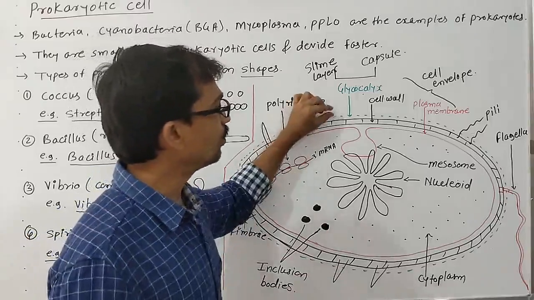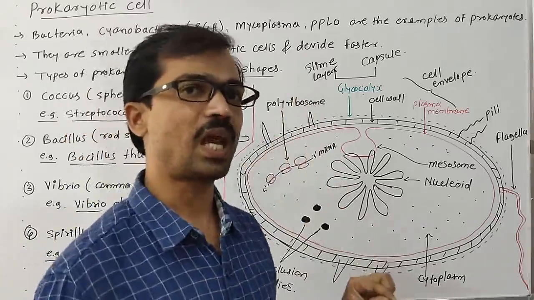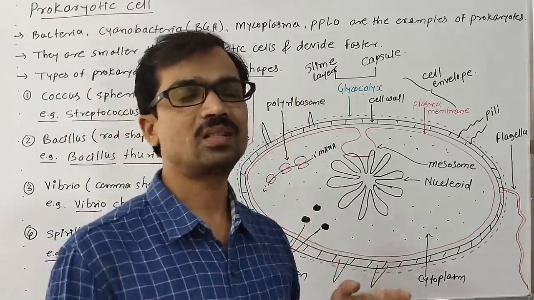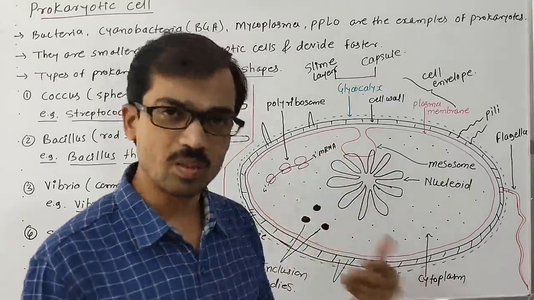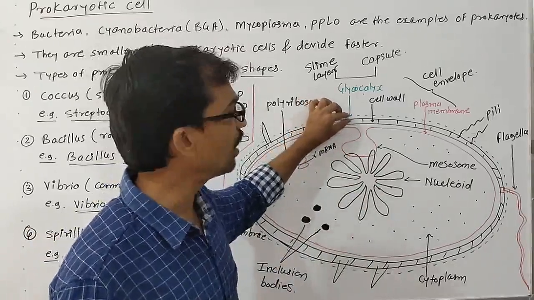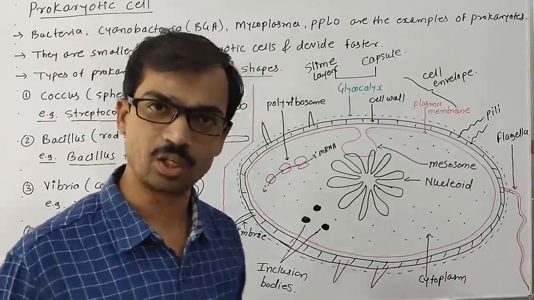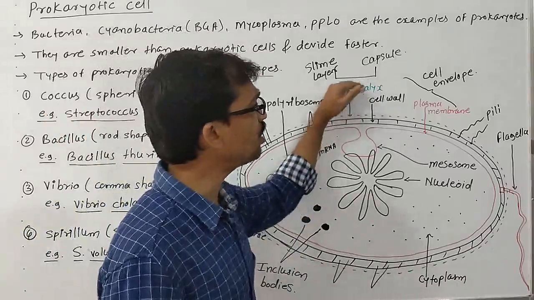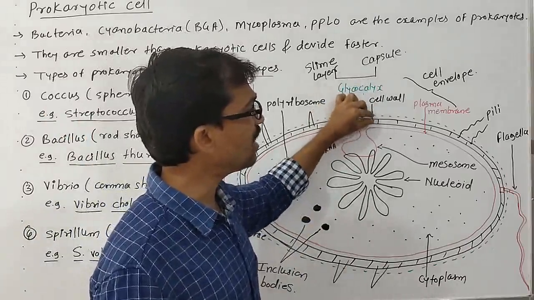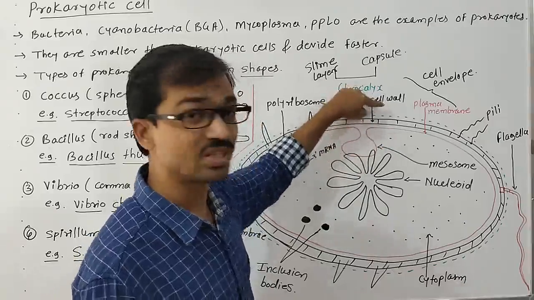Okay, so in general this glycocalyx in the form of capsule protects the bacteria from the immune system of the host cell, but it is also involved in the protection of the bacteria from mechanical damage. In addition to the glycocalyx, the second protective layer present beneath the glycocalyx is the cell wall.